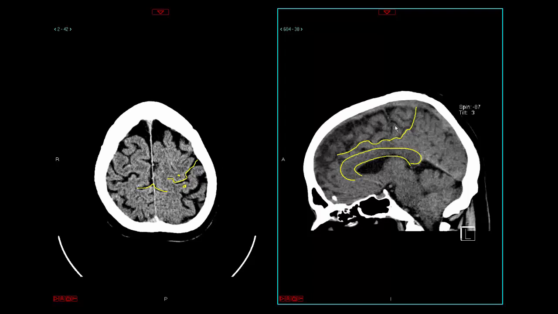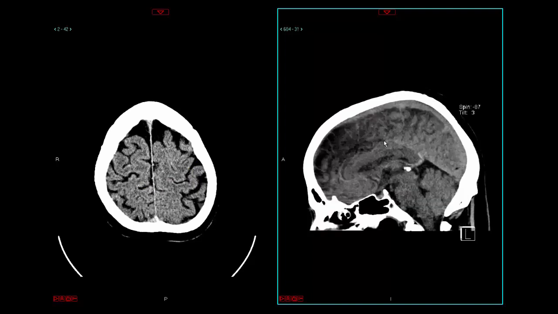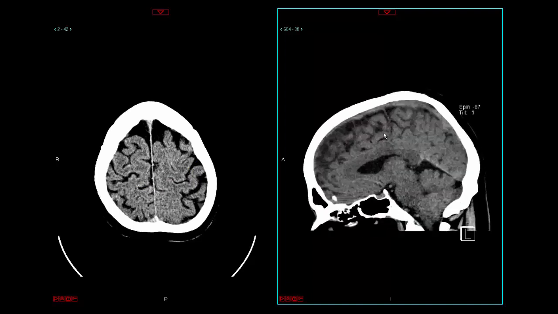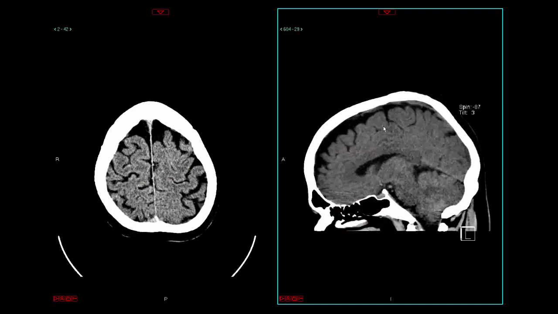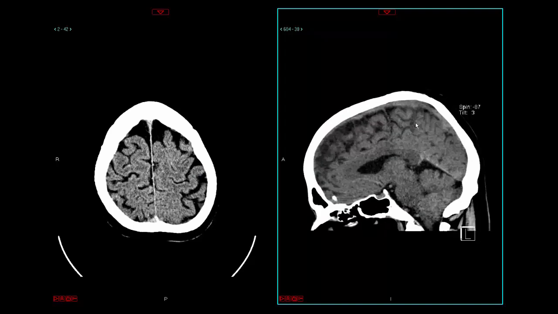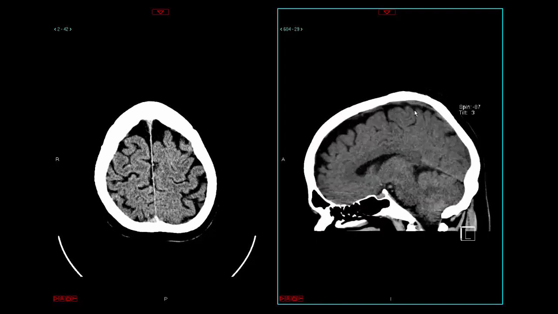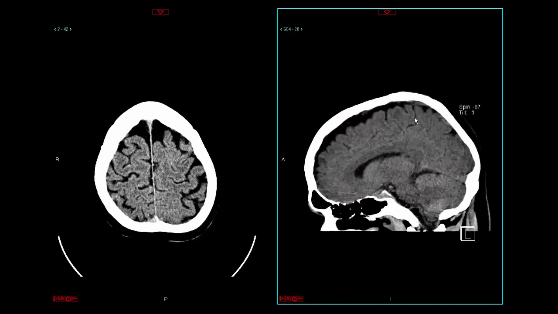If you go back to the sagittal imaging here, you get a better idea. If I follow that structure, remember that being the marginal ramus, and I scroll a little bit back and forth, this again is going to be the marginal ramus. A better view here is probably a little bit oblique, so you're not seeing it along its anticipated course, which would be right there.